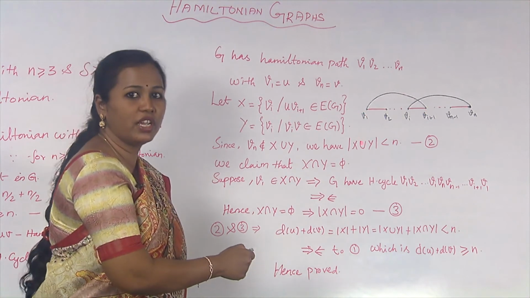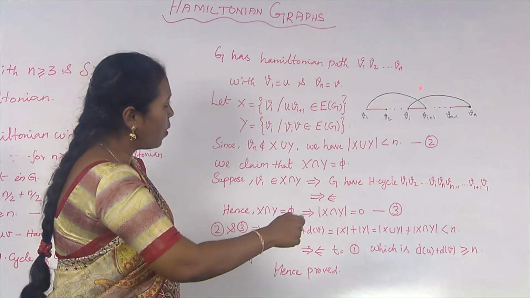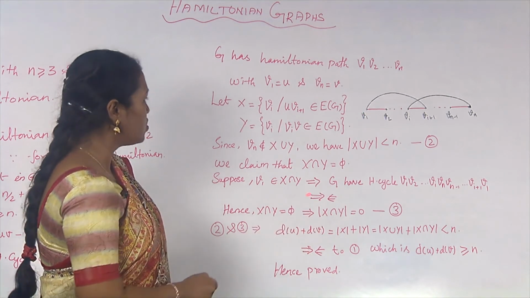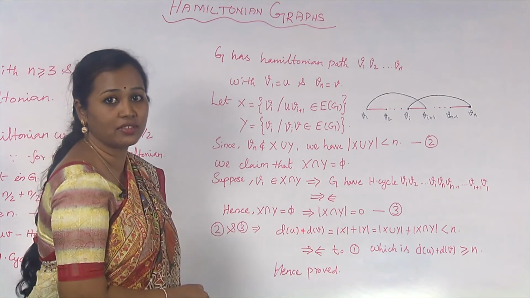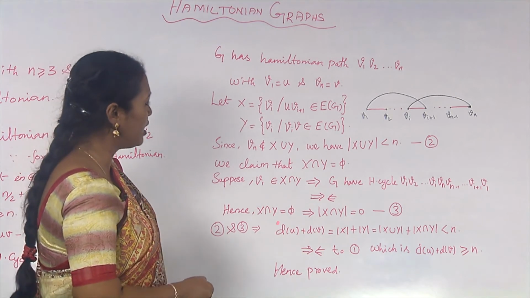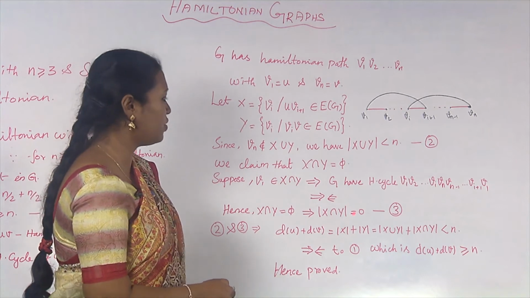Therefore, you have created a cycle covering all the vertices, and then you come back to V1 itself. So, this is a Hamiltonian cycle. Now, this is a contradiction. It should not be a Hamiltonian cycle. Therefore, X intersection Y is empty, which implies that the cardinality of X intersection Y is 0.